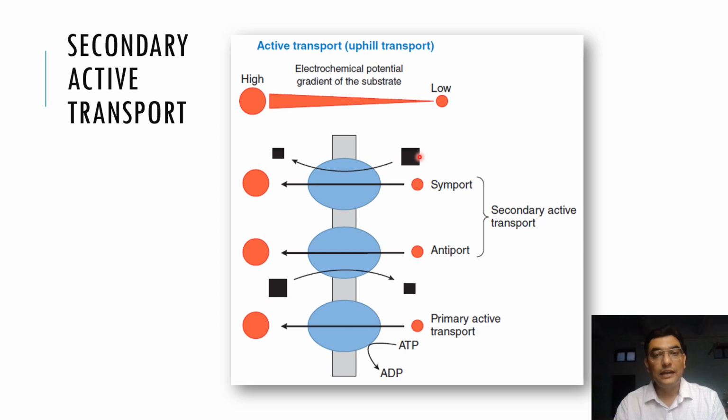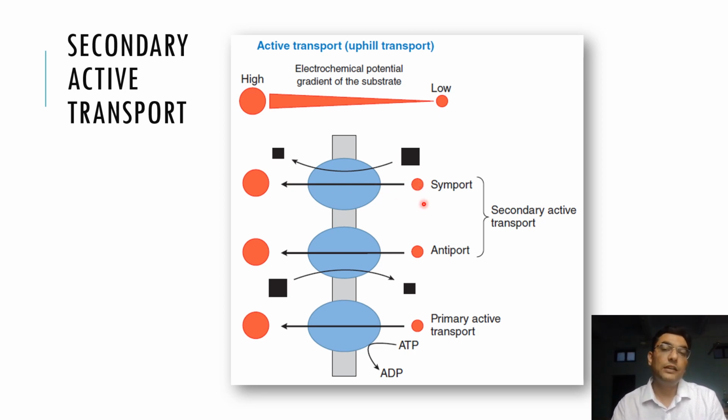So when the secondary molecule moves as per its concentration difference, it utilizes its energy, and this energy is utilized for the movement of our primary ion or molecule. So when this secondary molecule moves from higher concentration to lower concentration, it has energy due to the concentration difference, and this energy is utilized for the movement of the primary molecule or ion.